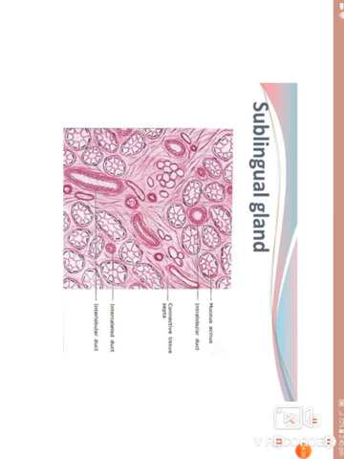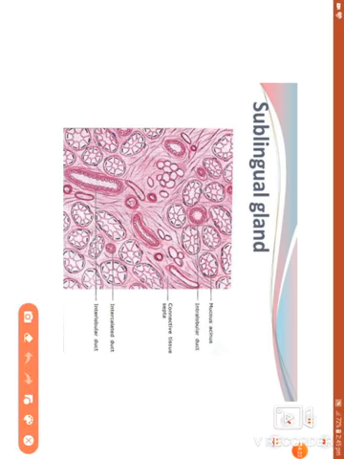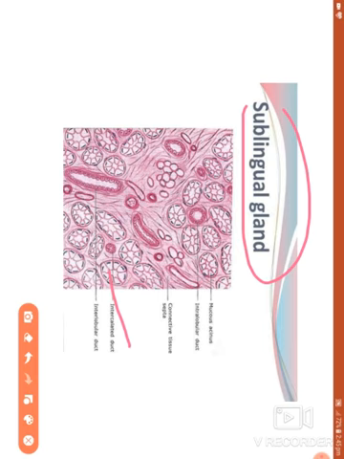Then coming to the structure of the sublingual salivary gland. In this section, the sublingual salivary gland consists of predominantly mucous cells. See, this is the mucous acini: low columnar cells, flat nucleus to the periphery.